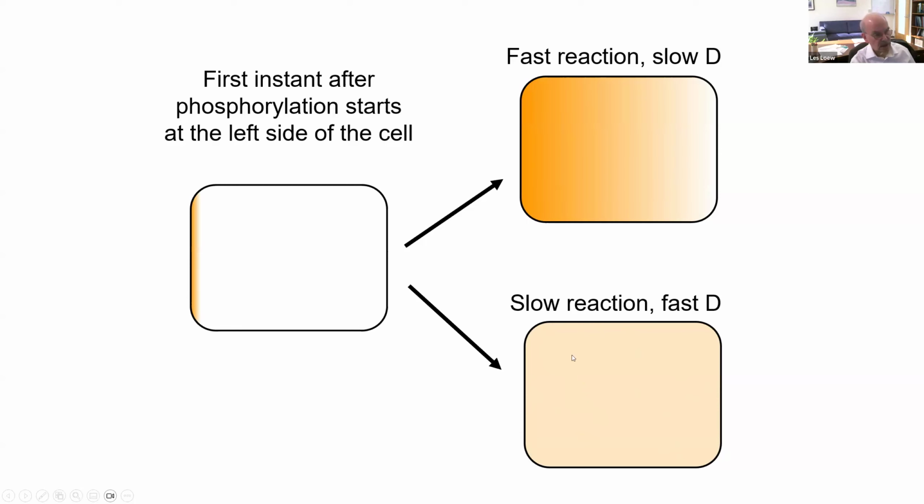So this kind of system can be dealt with just with ordinary differential equations or non-spatial stochastic simulations. And this situation does require full spatial type simulations. Okay, any questions on that?